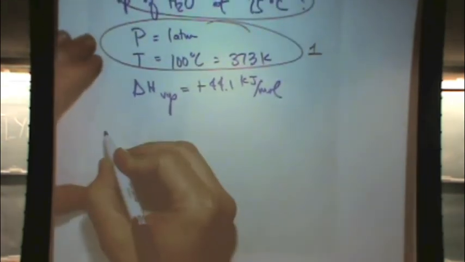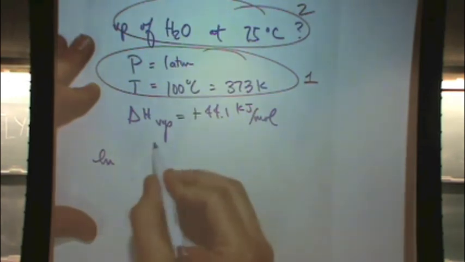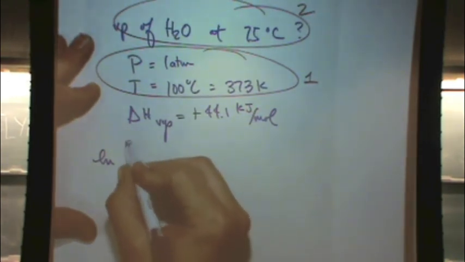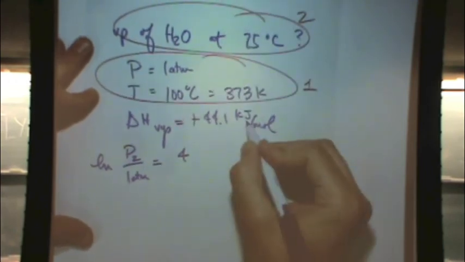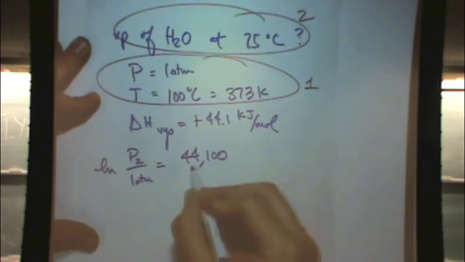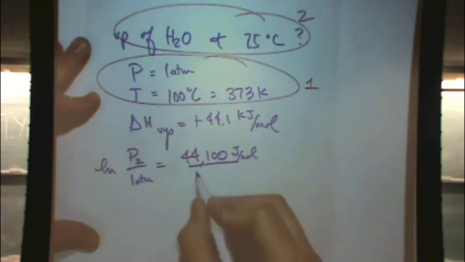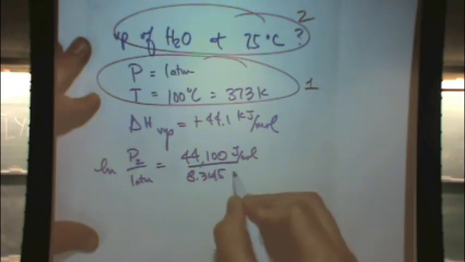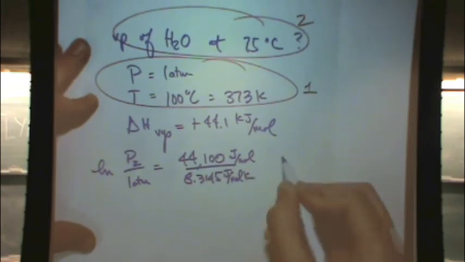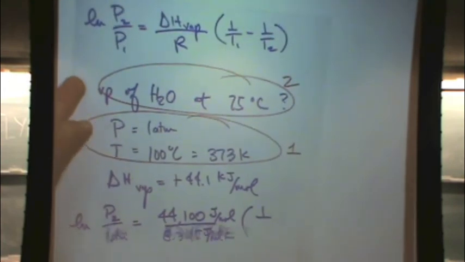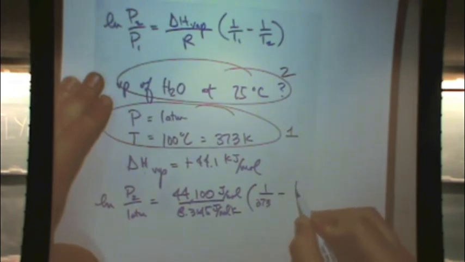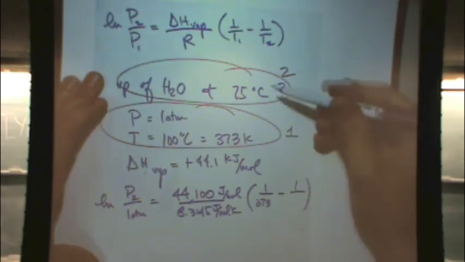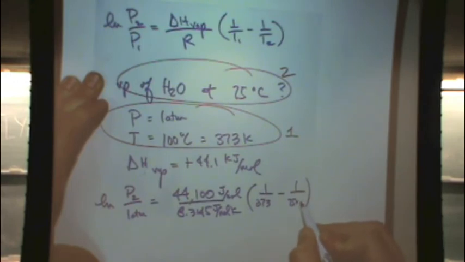Okay. Good. So the natural log of P2 is what we want to know. P1 is 1 atmosphere, equals, remember this is kilojoules, so we need to go 44,100 joules per mole, over R, which is 8.3145 joules per mole Kelvin, times 1 over T1, T1 would be 373, minus 1 over T2, T2 would be 75 plus 273.